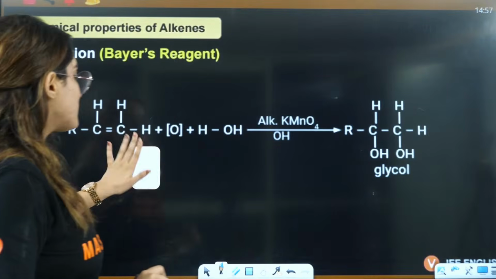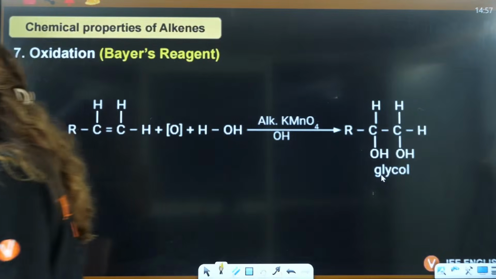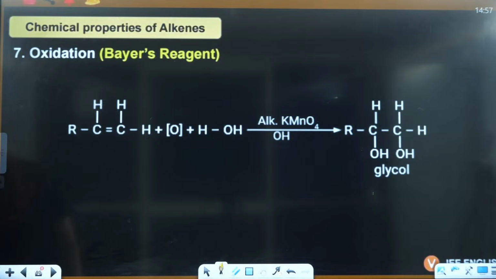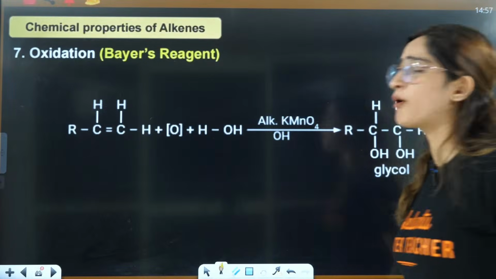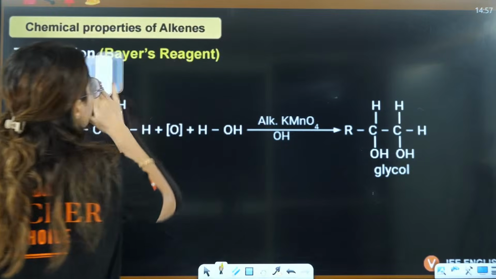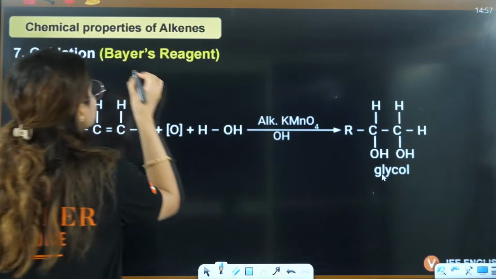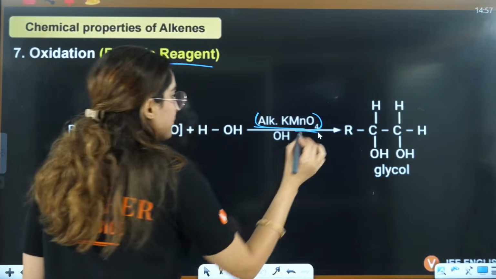So now guys, we'll start with some oxidizing agents that are going to do oxidation here, right? Yes, students, let's talk about this. When you talk about oxidation, let's talk about Bayer's reagent. This is actually alkaline KMnO4.